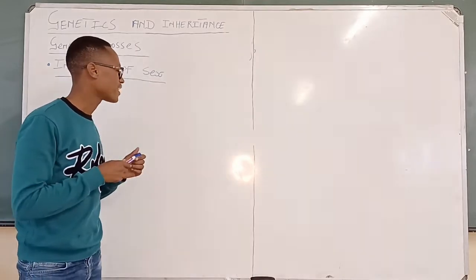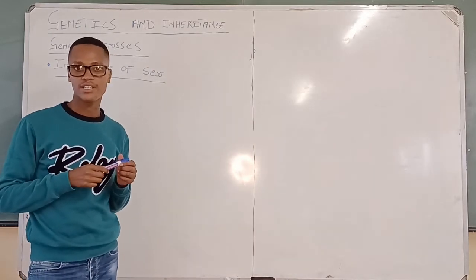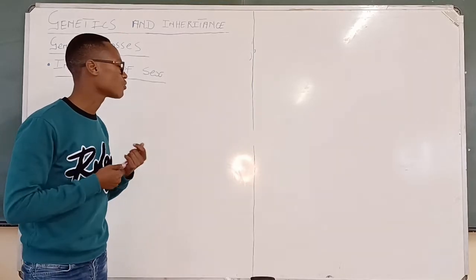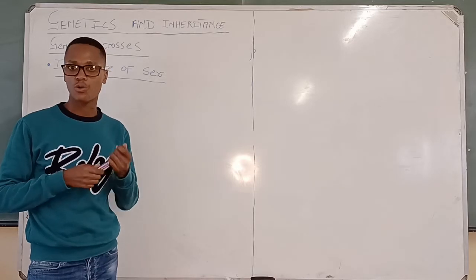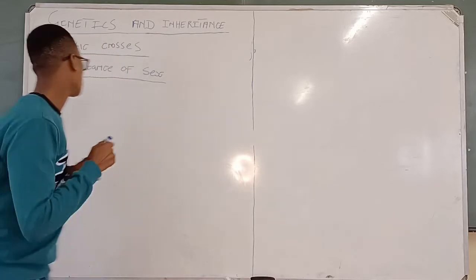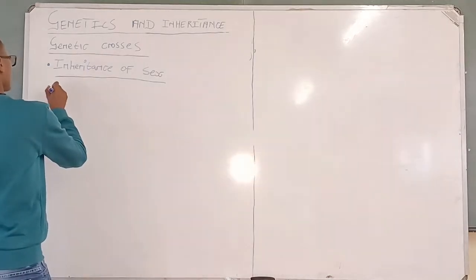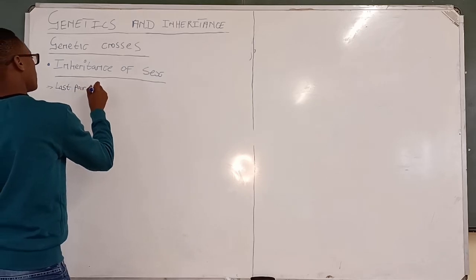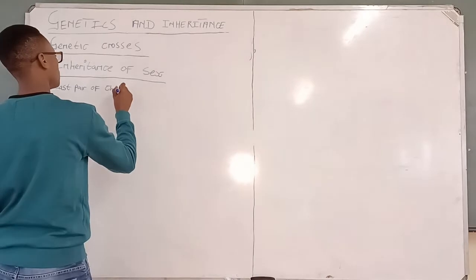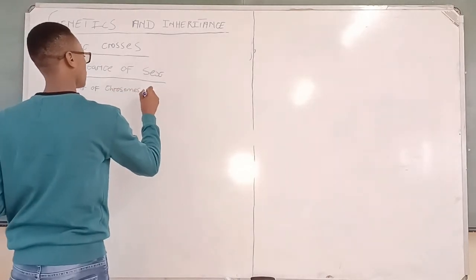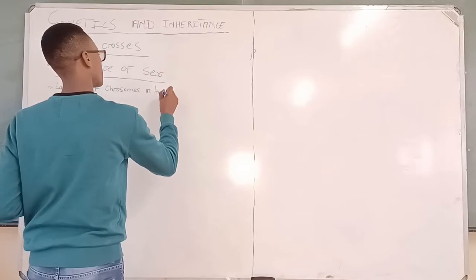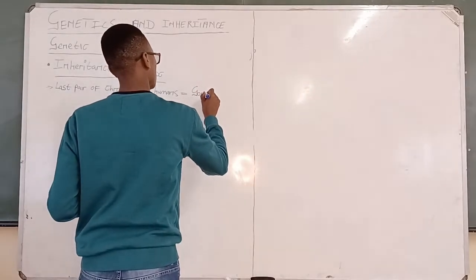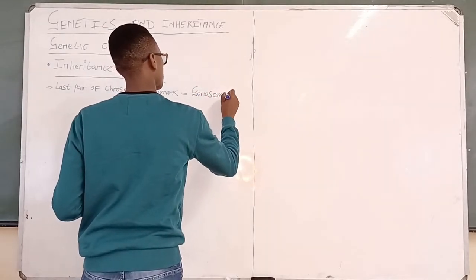And then the last pair, pair number 23, has what we call the sex chromosomes. Biologically, those sex chromosomes are known as gonosomes. So the last pair of chromosomes in humans, we call them the gonosomes.